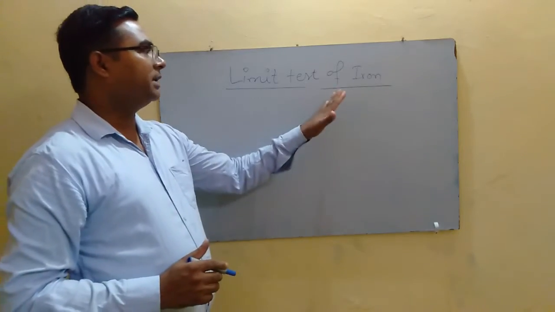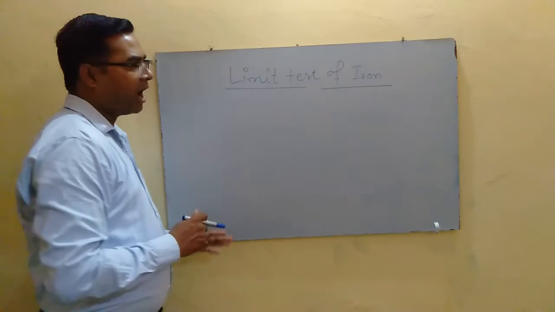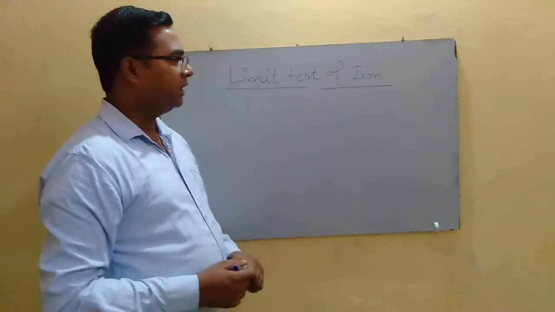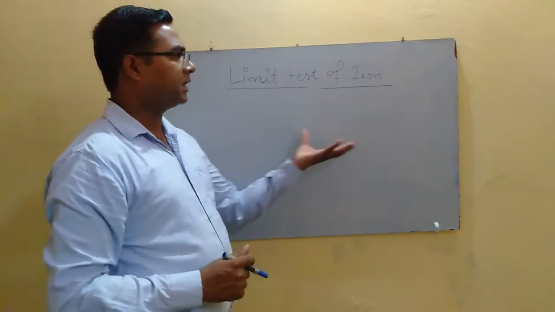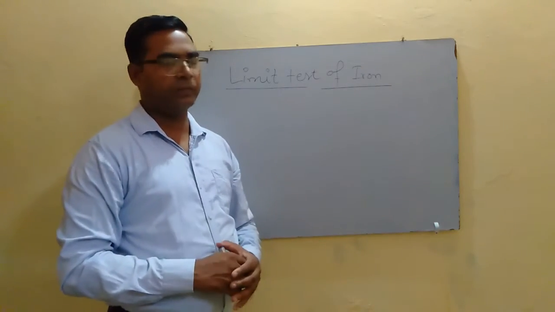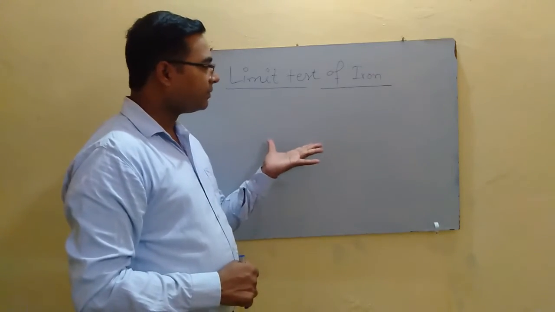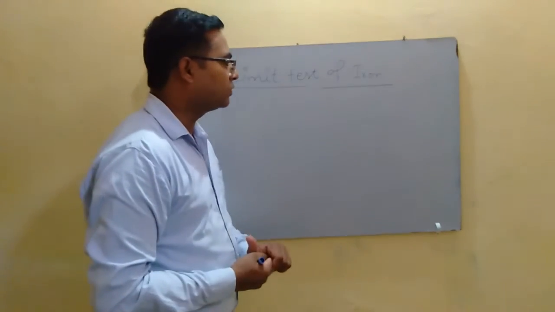The limit test of iron is based on the principle that iron in ammoniacal solution reacts with thioglycolic acid and forms a complex, iron thioglycolate. The color of iron thioglycolate is red or purple. The intensity of color is compared with the standard iron solution.